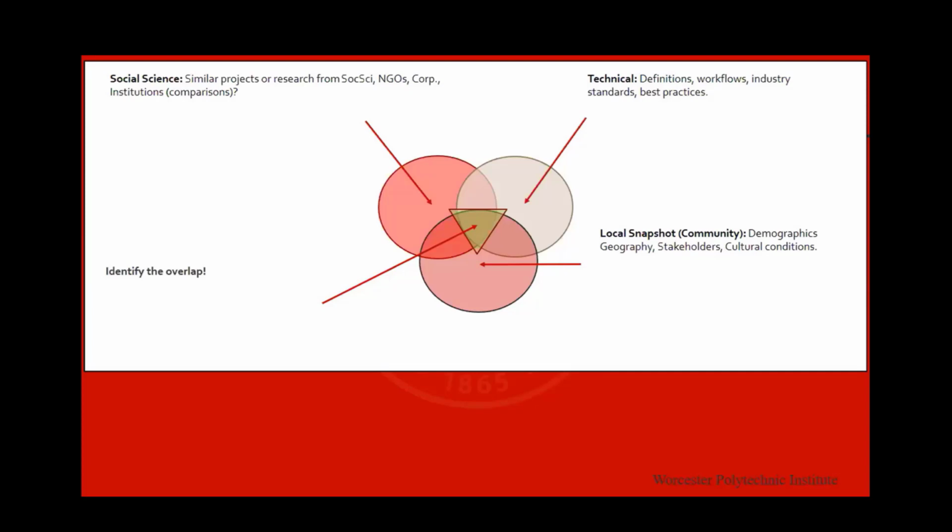In terms of technical information, this is usually one of those things WPI students really have a firm sense of. This could be anything from a definition within a discipline, a particular kind of workflow or process that integrates multiple actors or spaces of activity over time. Surely something like industry standards, and we can help you identify some of those, and we can help you think about how those can enrich your projects with what we have access to, and certainly best practices.